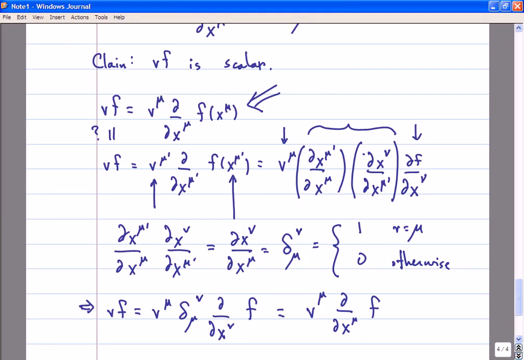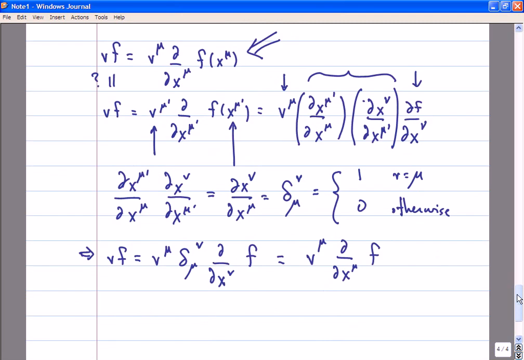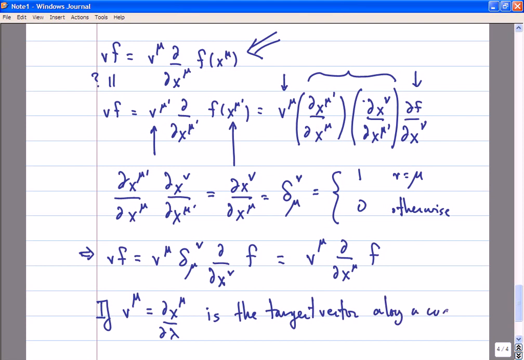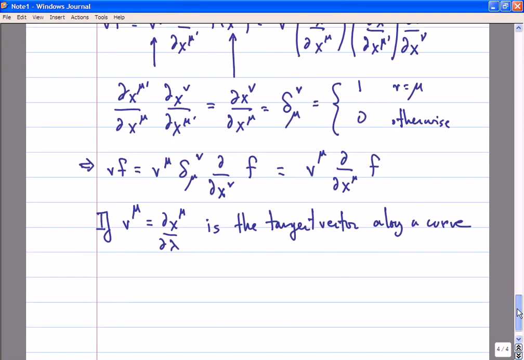So that's probably worth saying precisely. If V^μ = dx^μ/dλ is the tangent vector along a curve, then the differential operator V, which I defined as V^μ ∂/∂x^μ, what is that?